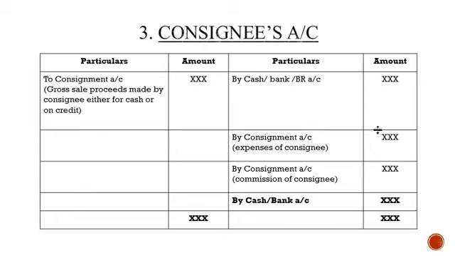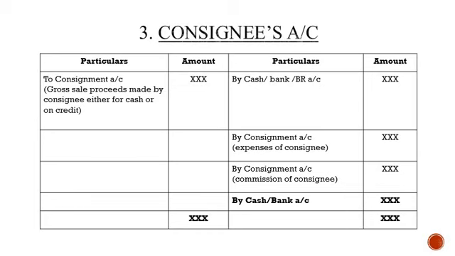From the sales that he makes, the consignee will deduct all the expenses, that is the expenses on consignment, then his commission, and then the balance will be paid to the consignor, that is by cash or bank. So to know what is the amount of balance that the consignee has to pay to the consignor, the consignor will prepare the consignee's account.